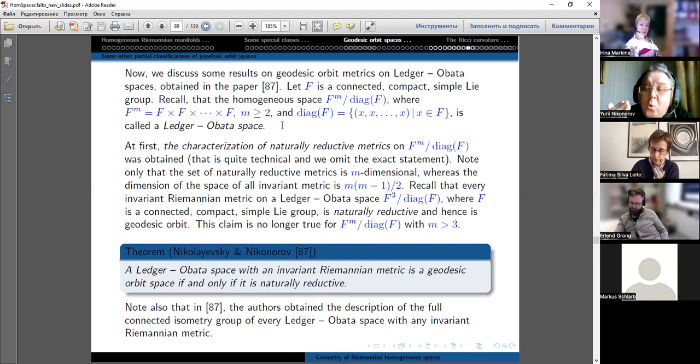If we decompose the complement to the isotropy subgroup into irreducible subspaces, then all these subspaces are isomorphic to each other.